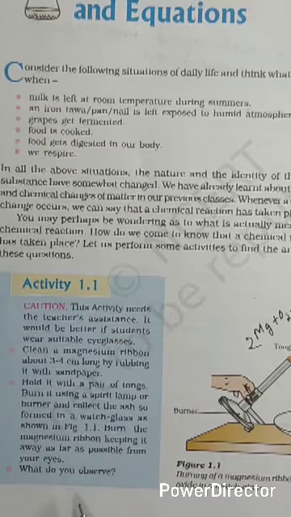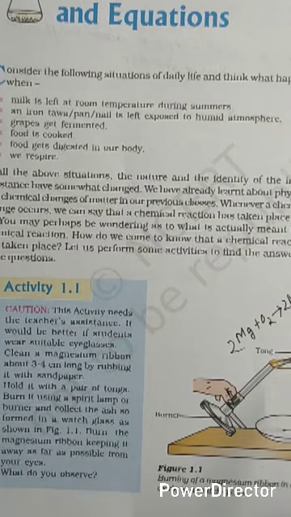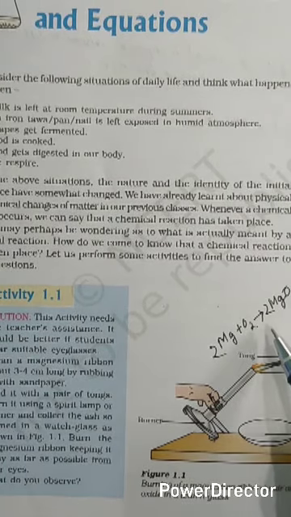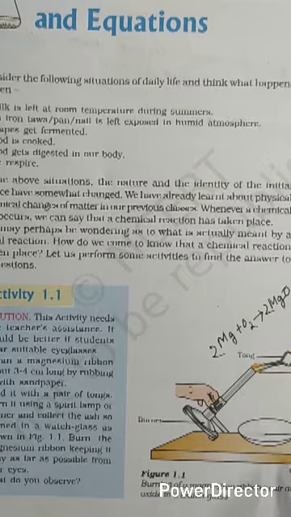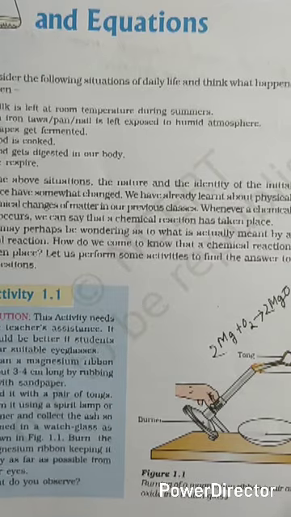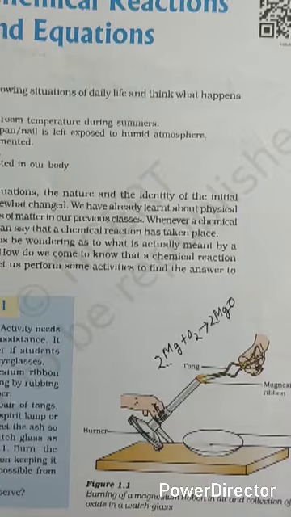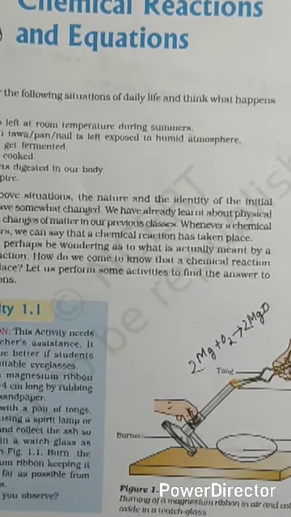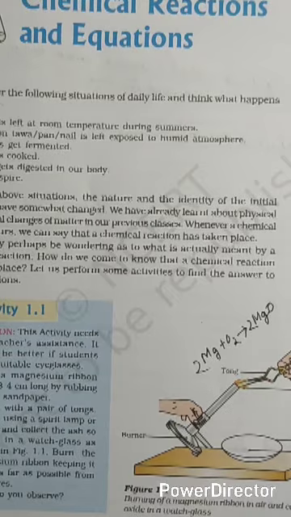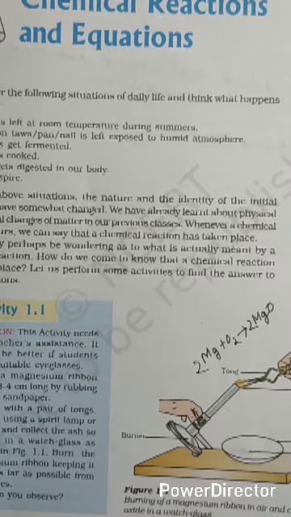So what will be the answer? We observe that whenever magnesium burns, then magnesium oxide is produced as ash, and what is the color of this magnesium oxide? That is white. Okay, so this is activity 1.1.